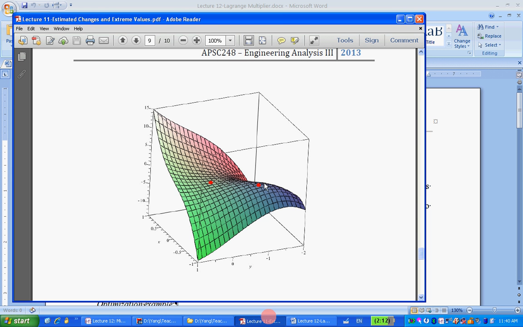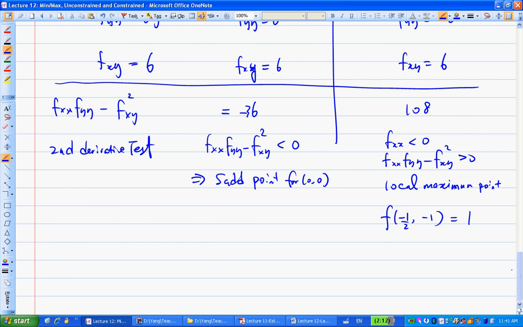So you see the surface here. There are 2 points here, 2 critical points. So can you guess which one is the local maximum? Which one is the saddle? Yeah, the one on the right is the local maximum, right? Okay, good. That's basically a min and a max here.